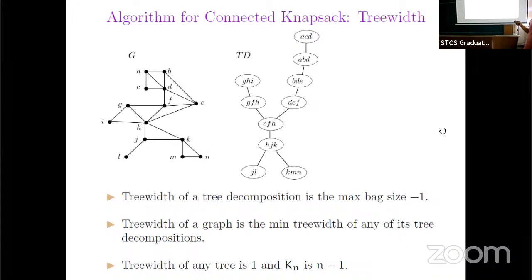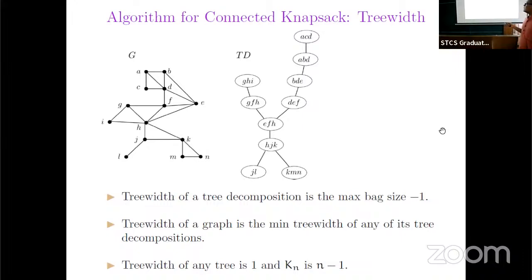The second condition is that for every edge, say (j,k), there must exist a bag which contains both the endpoints. So every edge is realized, every vertex is realized, and for every vertex, you look at the bags which contain that vertex, and they must form a connected piece in your tree.